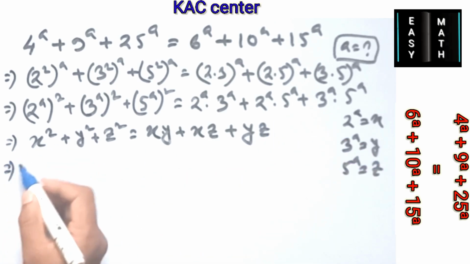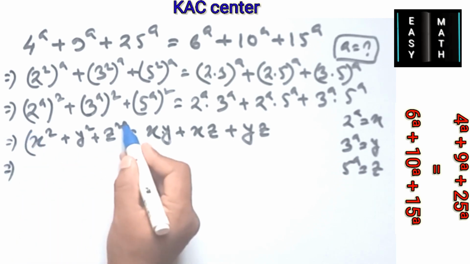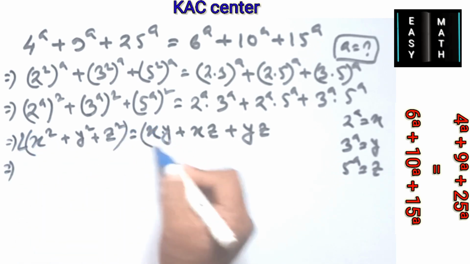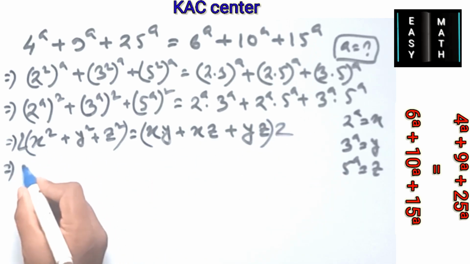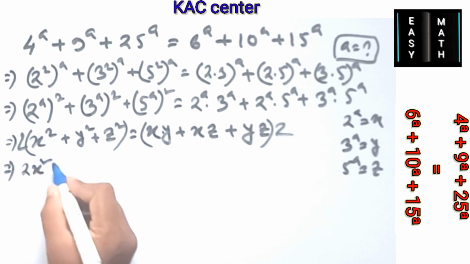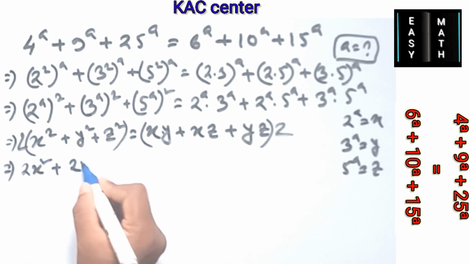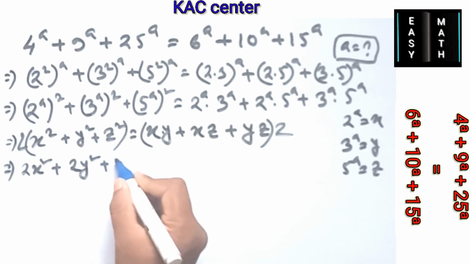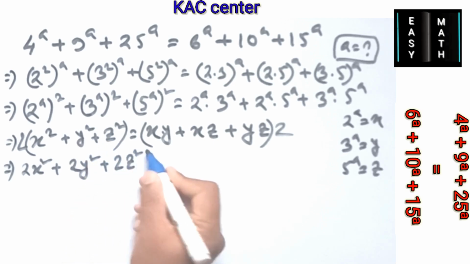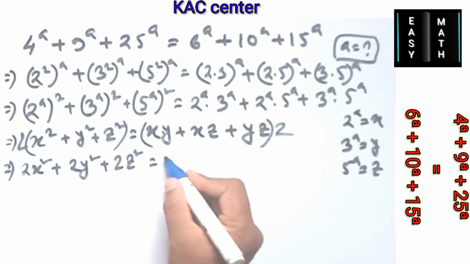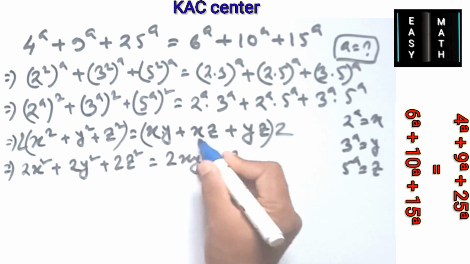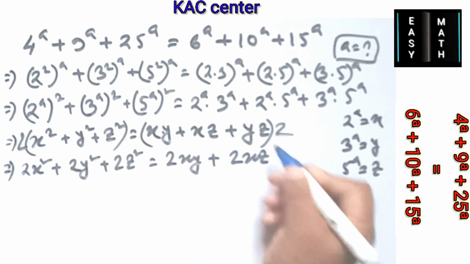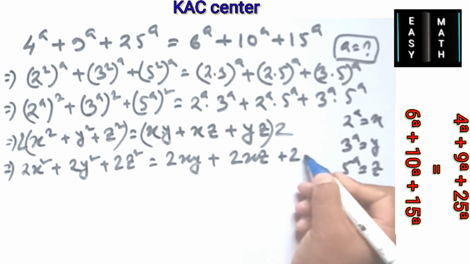Now we multiply both sides by 2, so there is 2x squared, 2y squared, 2z squared, and 2xy, 2xz, and 2yz.